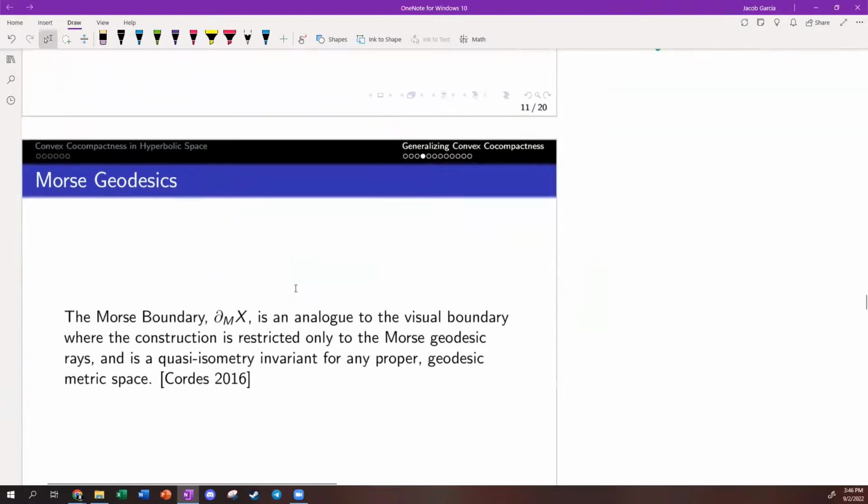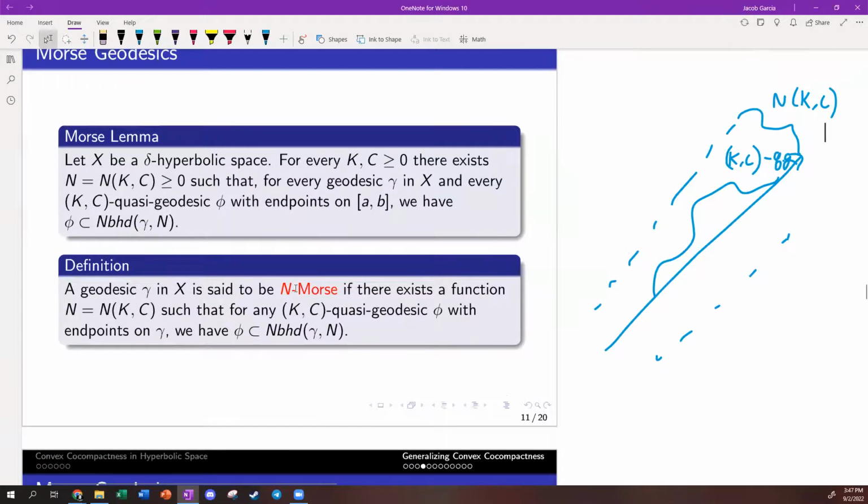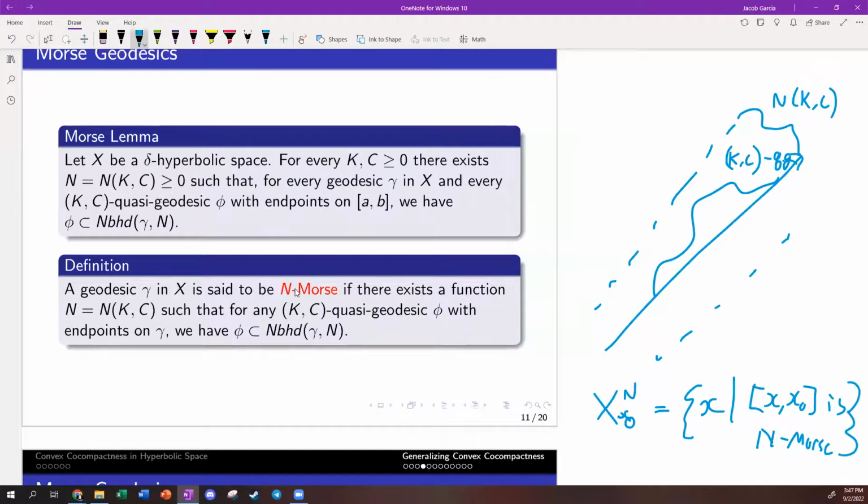Using this definition of N-Morse, you can define a set, let's call it X sub N of x0, which is the set of all x in your space such that the geodesic from x to x0 is N-Morse. This is called the Morse strata with respect to the Morse function N.